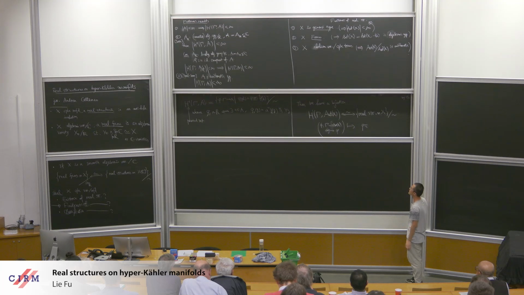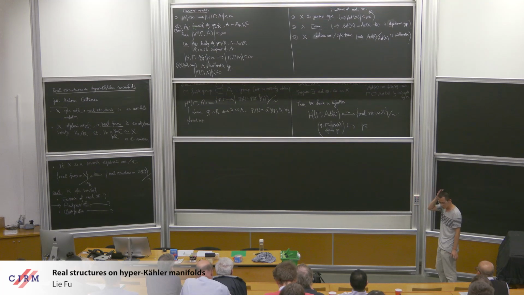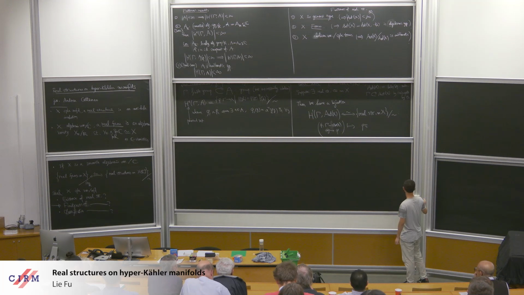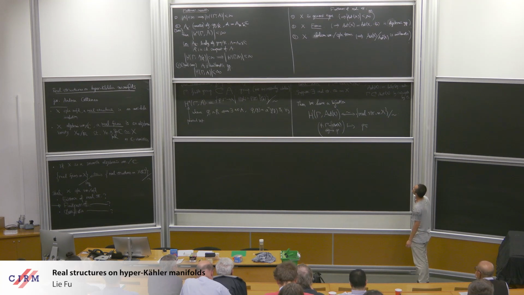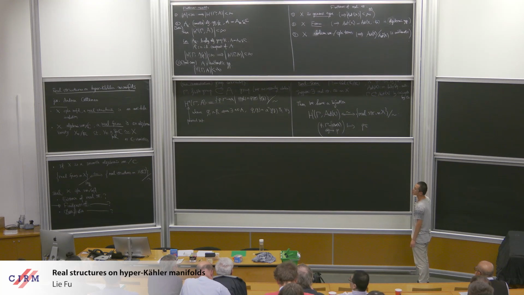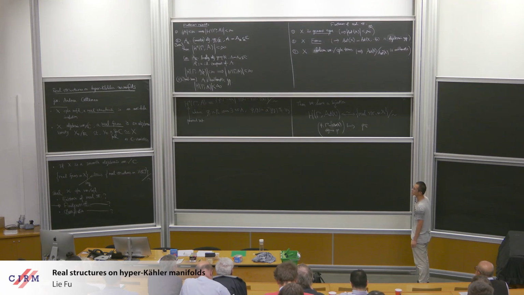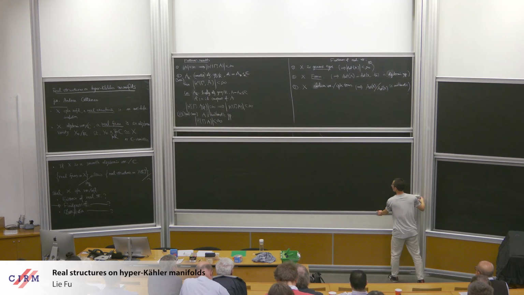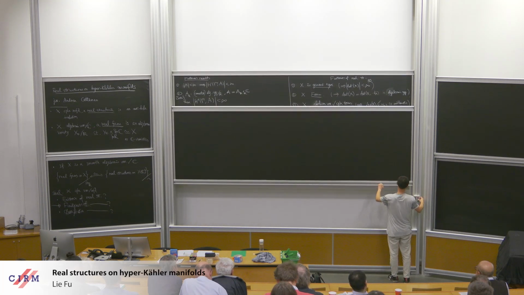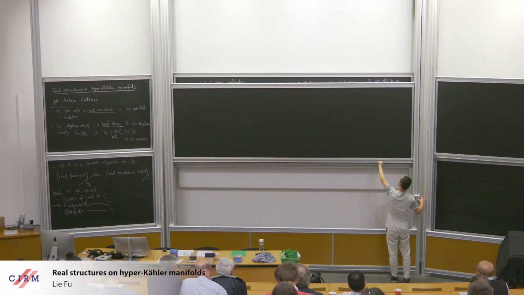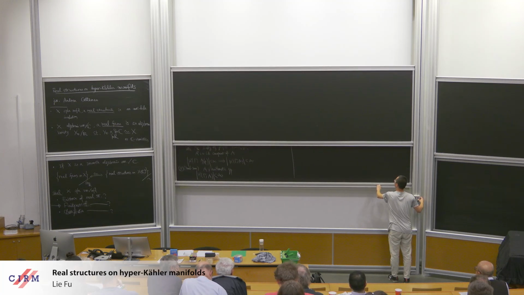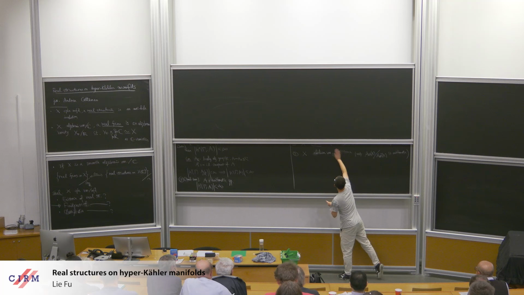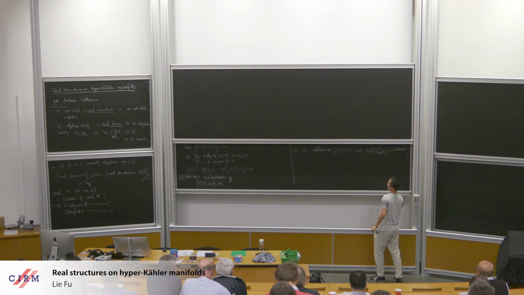Maybe you're right. If you take a polarized abelian variety, then it's something, and otherwise I don't understand. You're right. Maybe I should strike out complex torus. I'll do that.